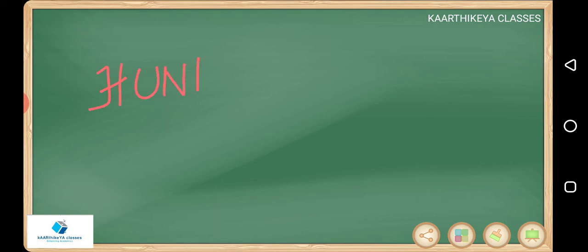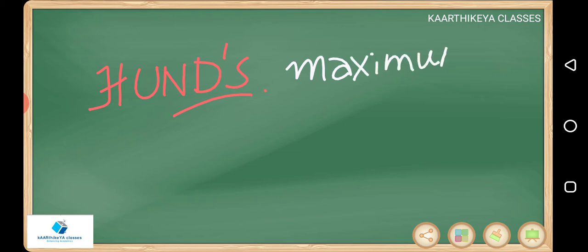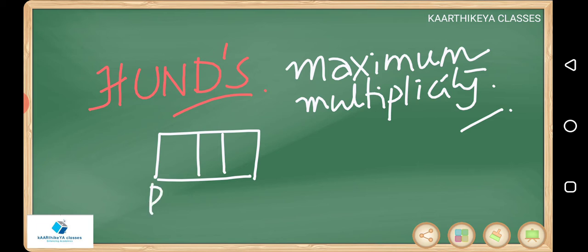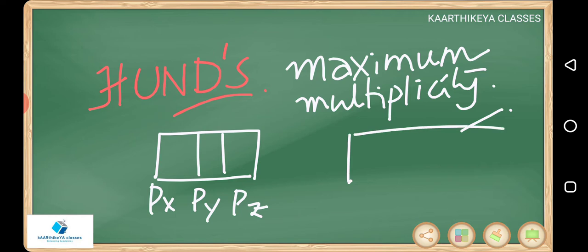Hund's maximum multiplicity principle. You can pronounce it like Hund's also. Maximum multiplicity meaning is there should be more number of unpaired electrons. Hund's maximum multiplicity principle means whenever degenerate orbitals are there, like px, py, pz, equal energy orbitals are called degenerate orbitals, like d orbitals, dxy, dyz, dxz.